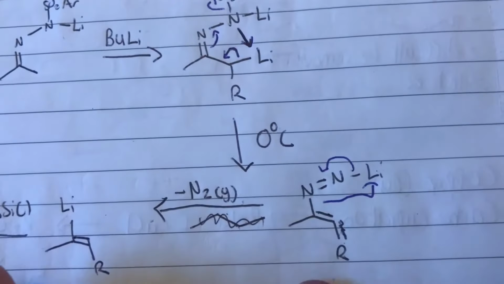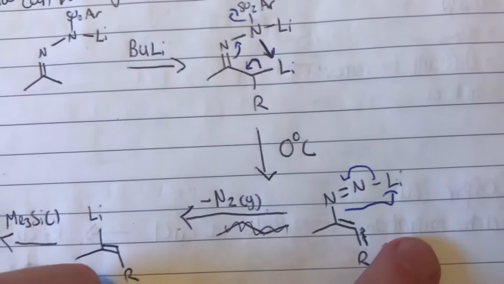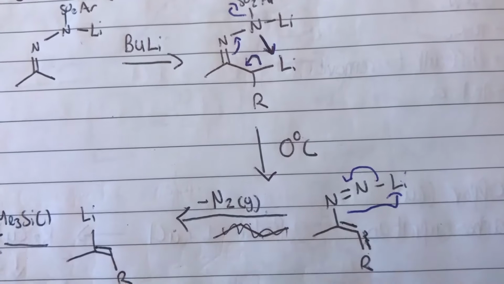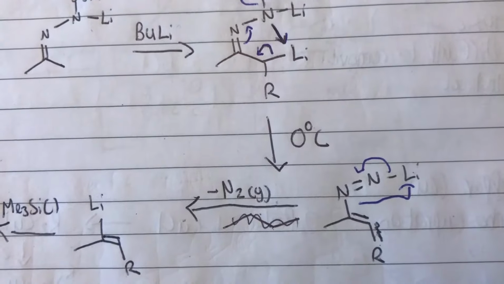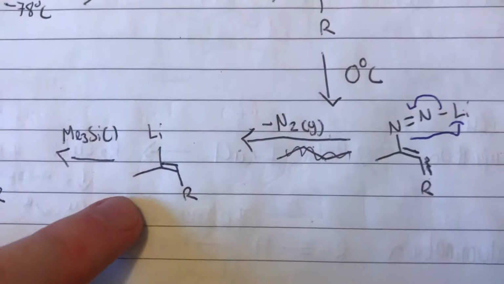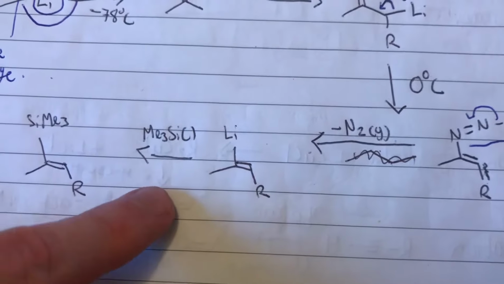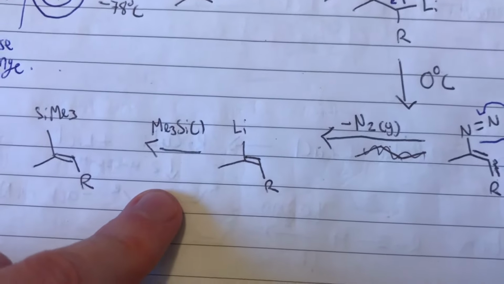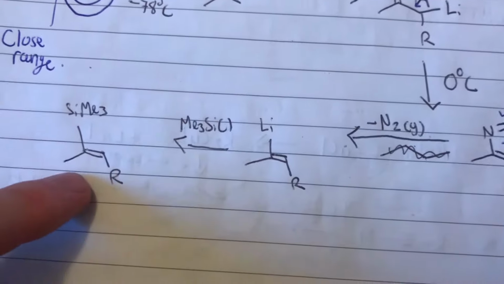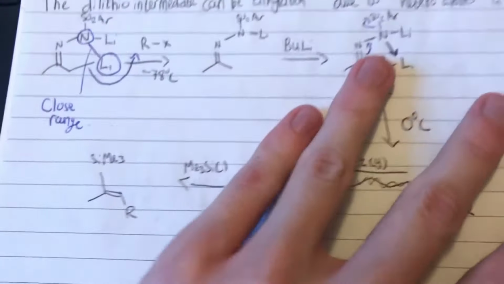And then we've still got the R group. We still get rid of N2 gas. We've got an R group now instead. And then we add Me3SiCl to displace our lithium. That's pretty much it for that.